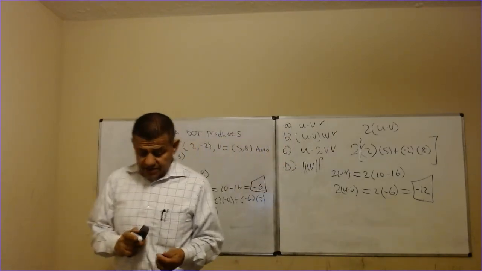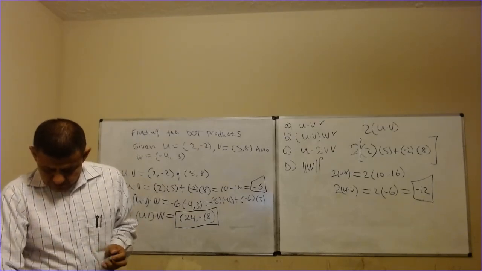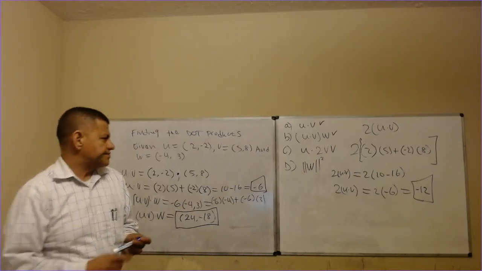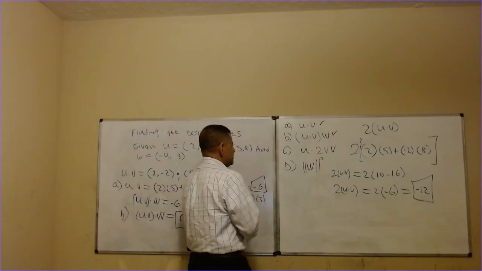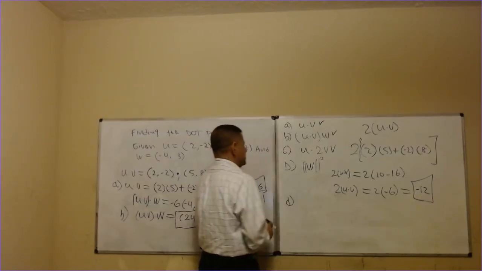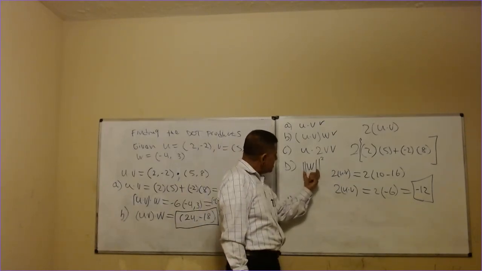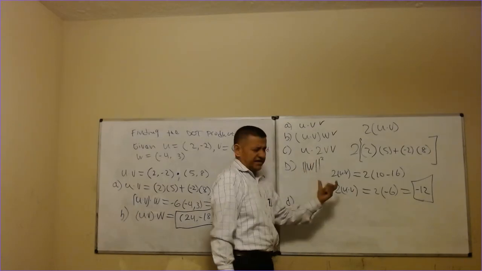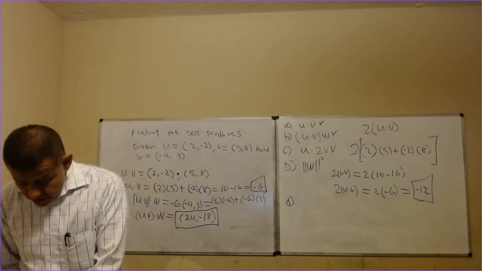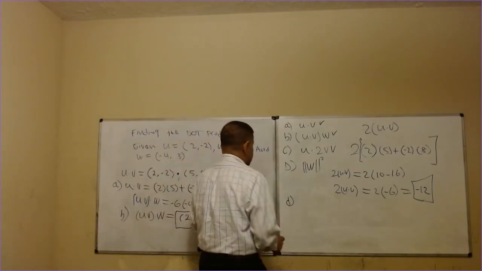Now, let's do part D. Let's do D. All right, so let's do D, part D. So what they saying? They saying take the magnitude and then square the magnitude, right?